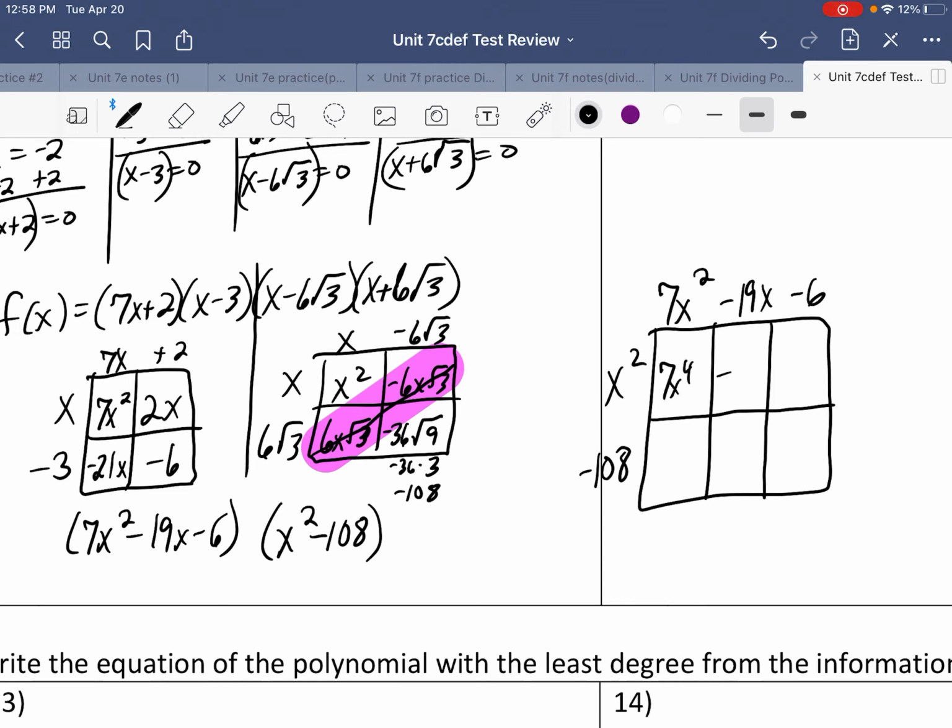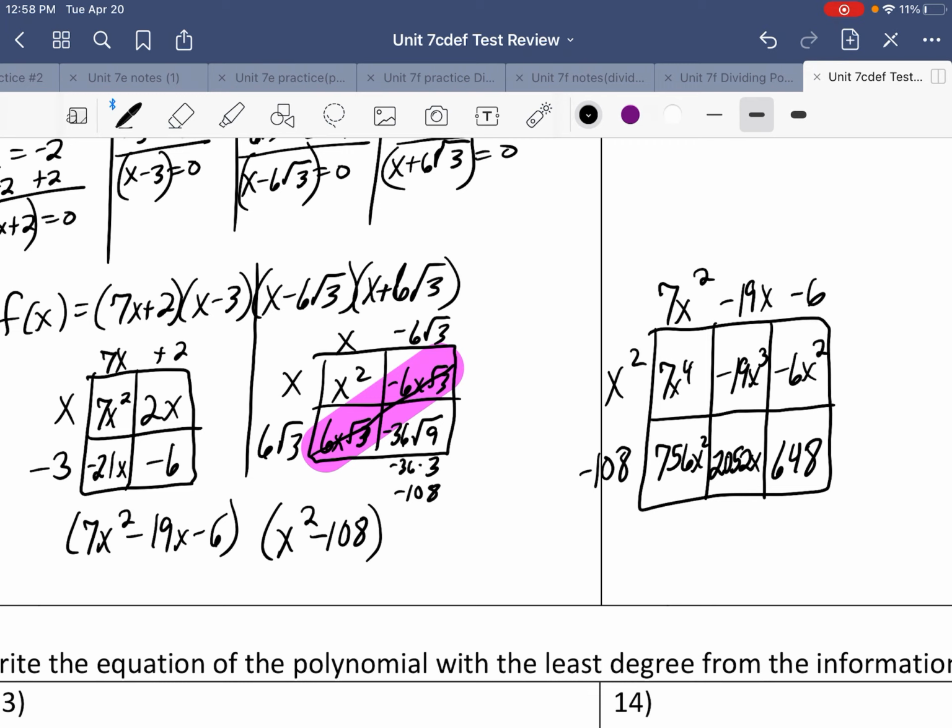7x to the 4th minus 19x to the 3rd minus 6x squared. 108 times 7 is 756, I believe. If it's not, you're probably yelling at me. I'm not going to be able to do negative 19 times negative 108 in my head. Oh my goodness. What am I doing to you guys? And negative 6 times 108 is 648. Like terms, we should have some somewhere.